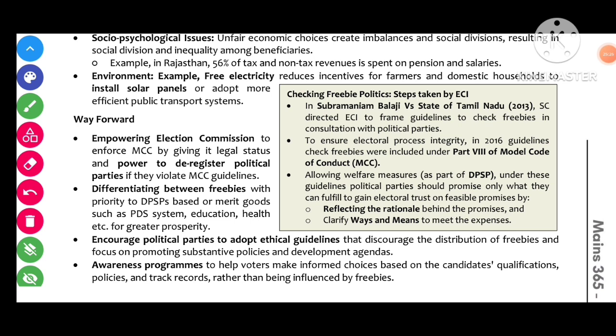And what is the way forward related to electoral freebies? Empowering the Election Commission is a must to enforce the model code of conduct by giving it legal status and power to deregister political parties if they violate the guidelines.